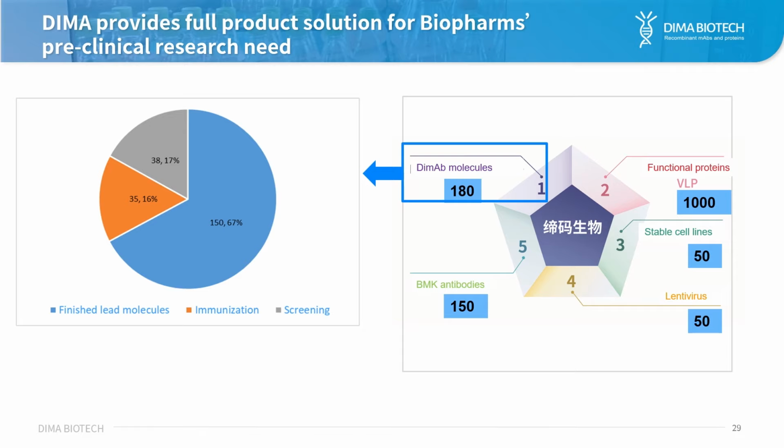Other than the DimAb therapeutic antibody molecules, we also provide 4 product solutions, including membrane proteins, stable cell lines, lentivirus, and benchmark antibodies for all types of preclinical needs.